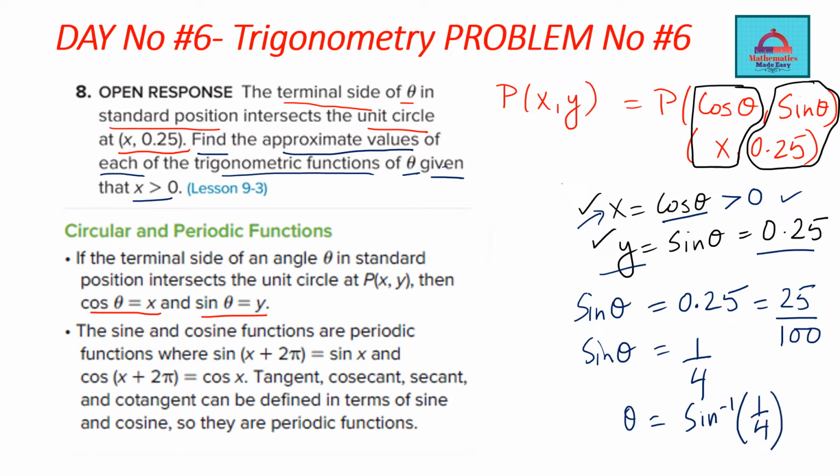Now you can use your calculator to find this angle theta. Once you get your theta, you could plug it into the x coordinate. That would be your next step, so that you get the next trigonometric ratio, which is cos theta. So you take the angle from sin theta, which was given to you, and then you find cos theta. That's step 1 of the question.